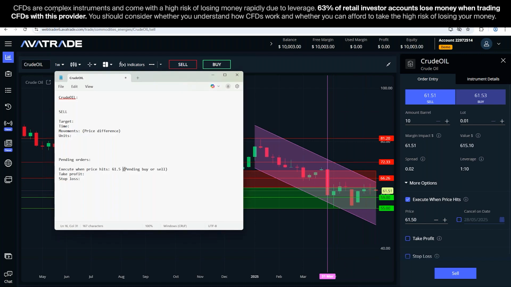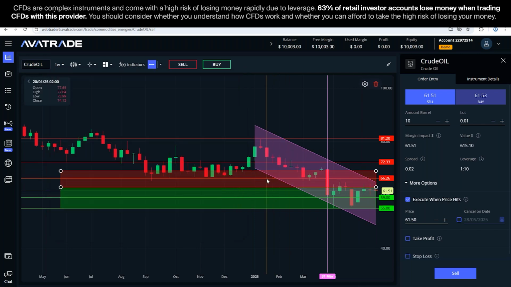Okay, and our take profit, let's simulate it to be 55 based on the support, and based on the resistance, 66.26 will be our, maybe we'll make it a flat 50. Okay, and this guy is moving as well.